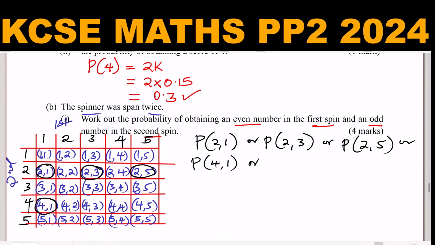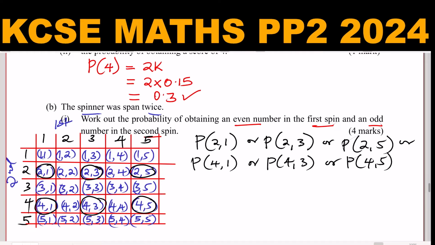Then we have 4, 3: 4 even number, 3 odd number. And the other one is 4, 5. For 5 we don't have, because the first one, of course, 5 is an odd number, so that will not be applicable.